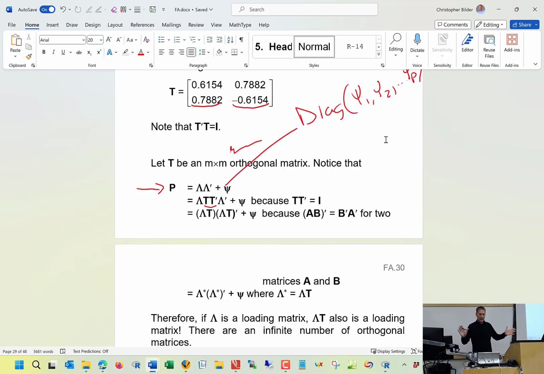So nothing changes. But what I can do is rewrite some stuff now. Suppose I put lambda and T together, and then notice I have a T prime times lambda prime. Using some matrix algebra results, I can rewrite this as lambda T, that whole thing transposed.